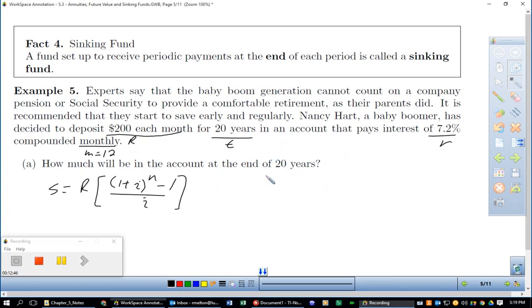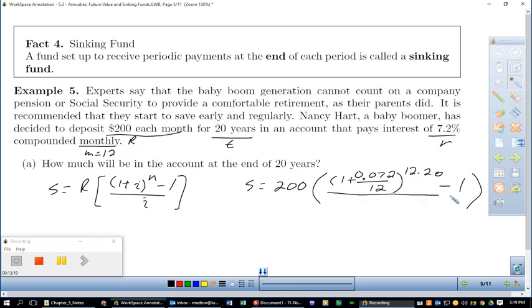So R is $200, so S equals 200 times, parentheses, 1 plus r over m, so 0.072 divided by 12, to the m times t, so 12 times 20, minus 1, and all that inside those big parentheses is 0.072 divided by 12. Make sure you do those nested parentheses properly.